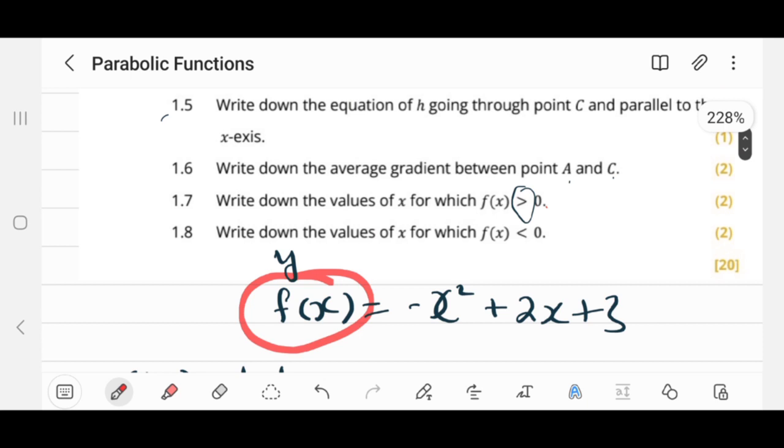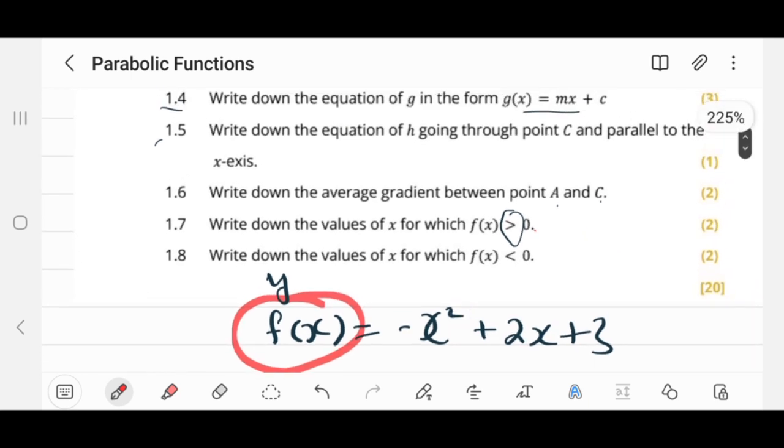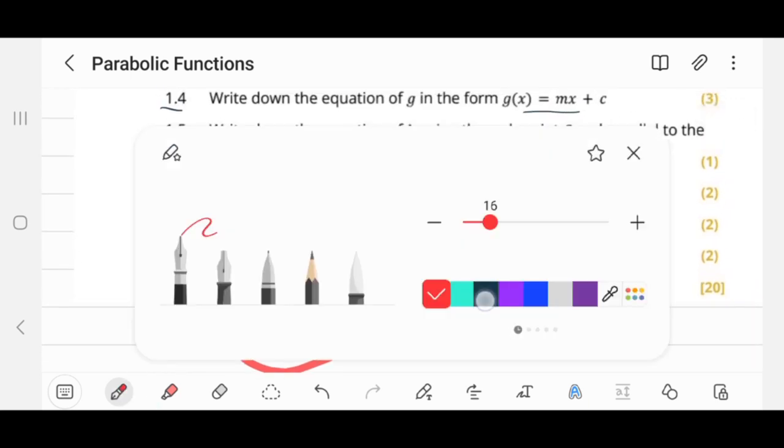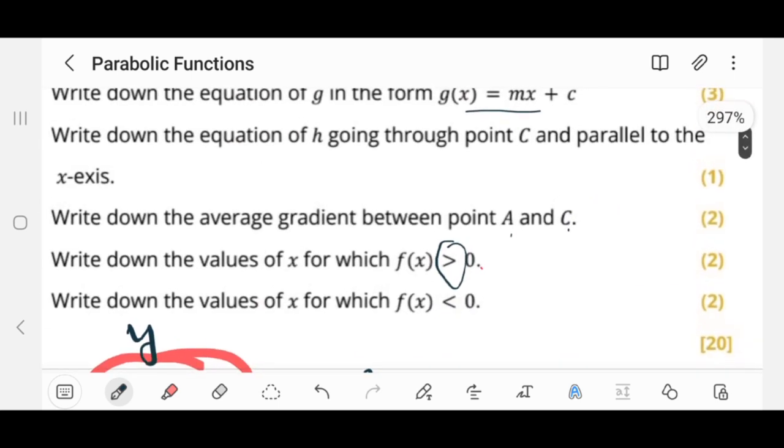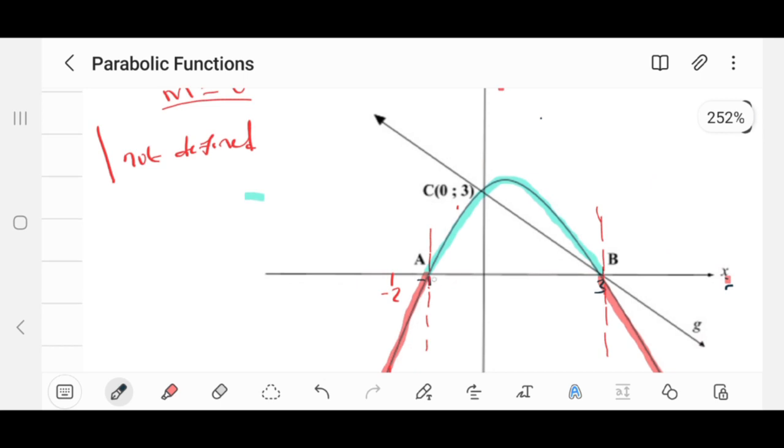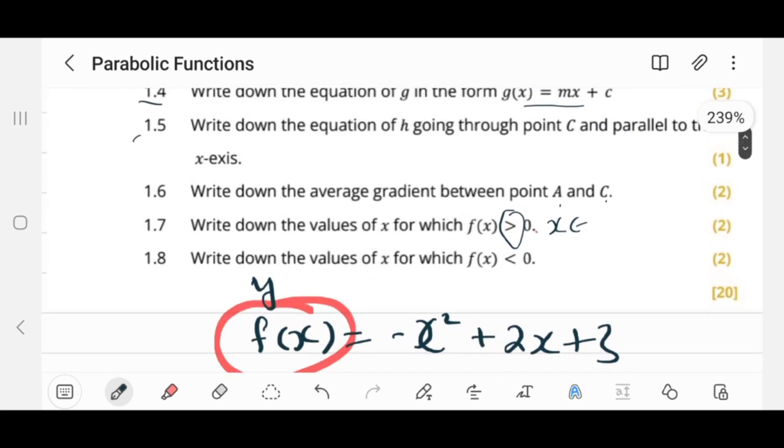So here they want where it's positive. So where it's positive is going to be when x is an element of the interval between -1 and 3. At these same points, the function is equal to 0, and here they don't say greater or equal to 0, so we don't include those points. So that is -1 and 3.